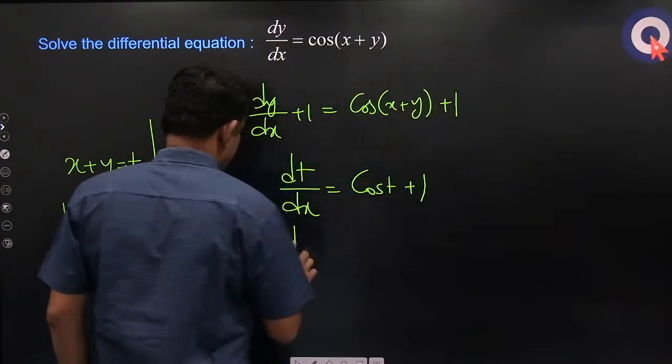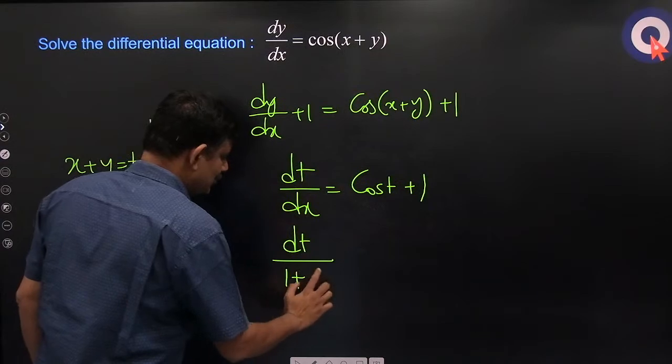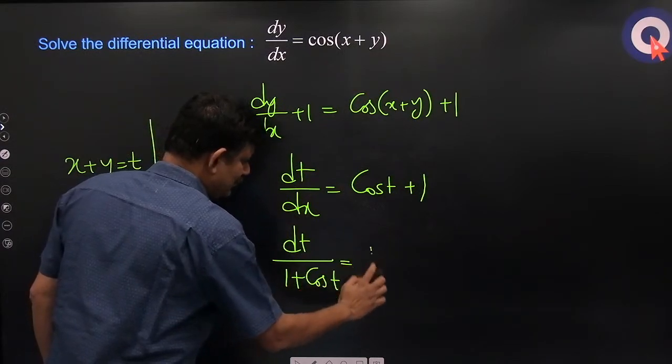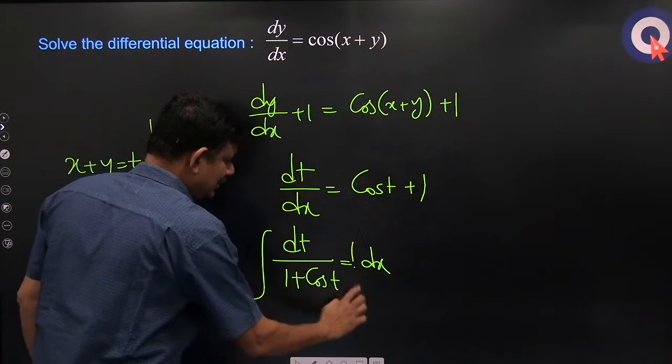So dt by 1 plus cos t is equal to dx. अब इसको इंटीग्रेट करना है.